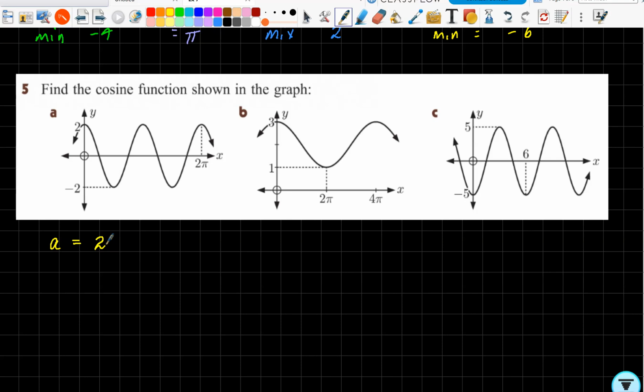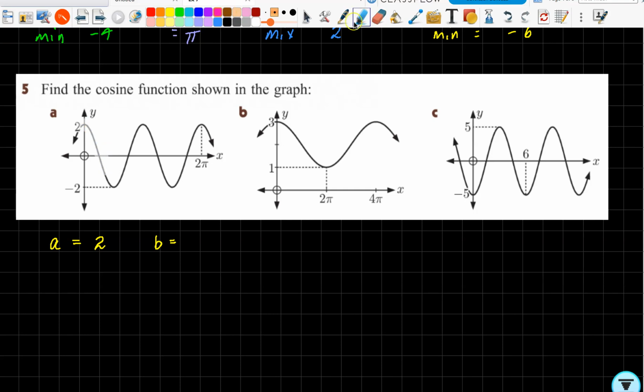Right, the other thing, what do we look at with what's our B? The period. So pretty easy to see how many cosine graphs can we see within the space of 2 pi. Oh, that's massive. I can see, oh no, I wanted my highlighter.